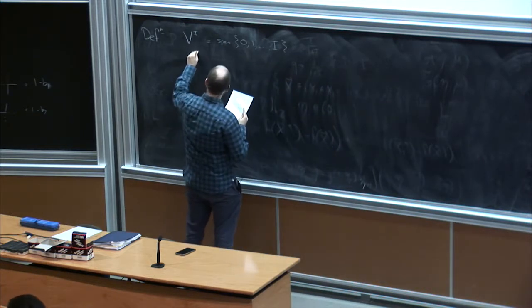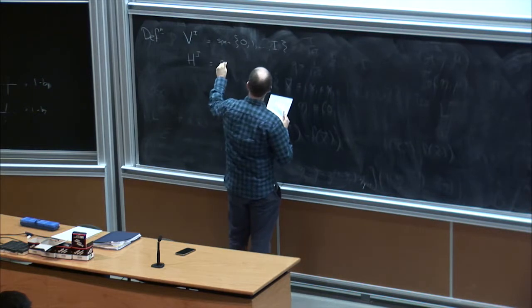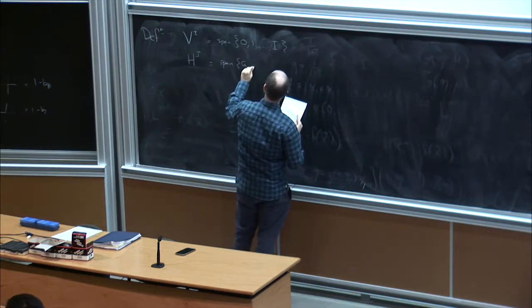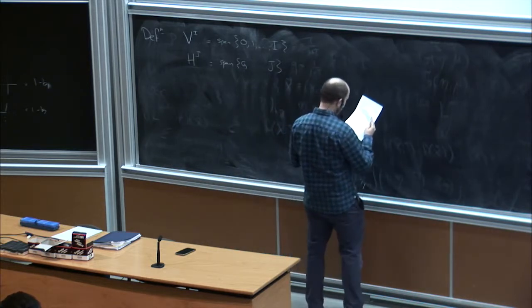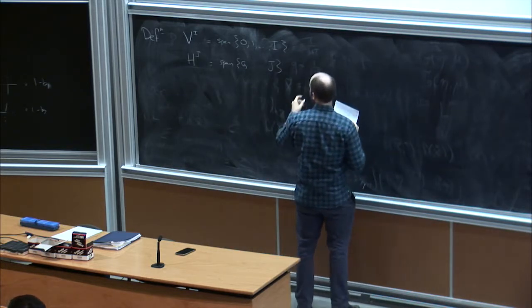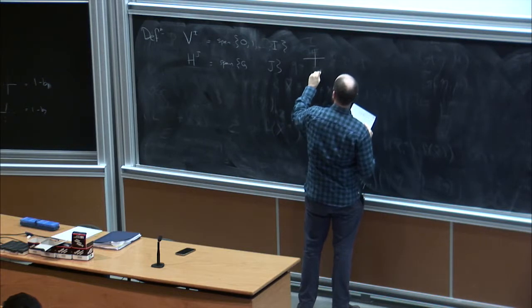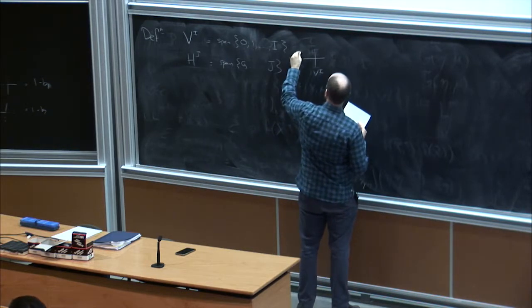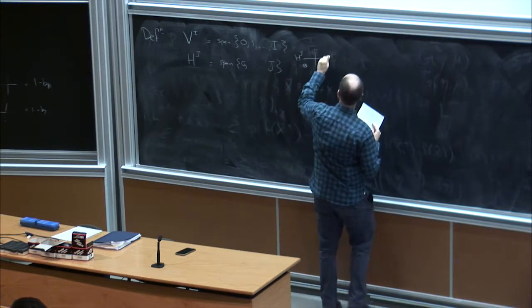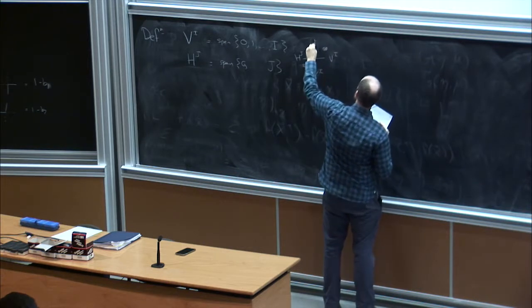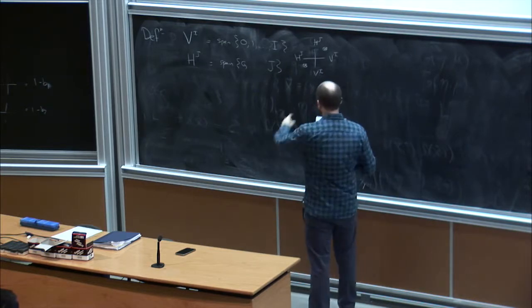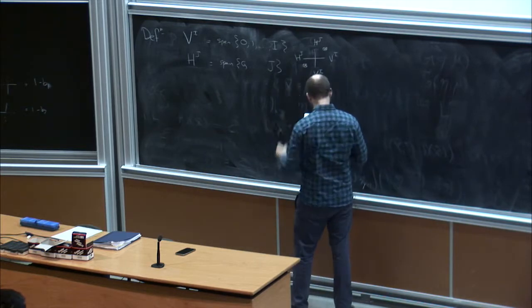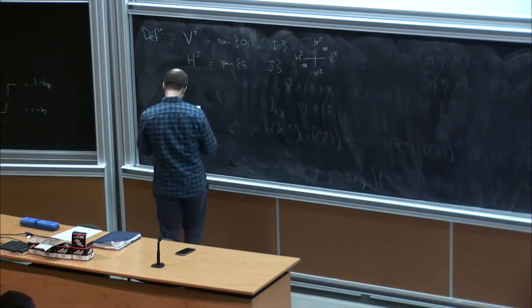And Hj will be, again, the span of 0, 1 up to j. So pictorially now my R matrices will go from Vi tensor Hj to Vi tensor Hj, where I can now have up to I and up to j values there.